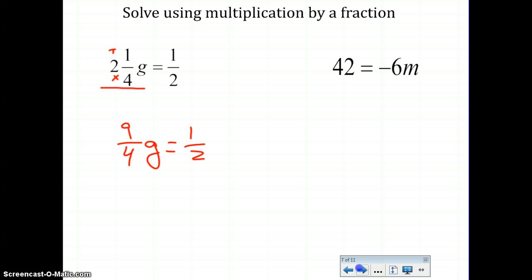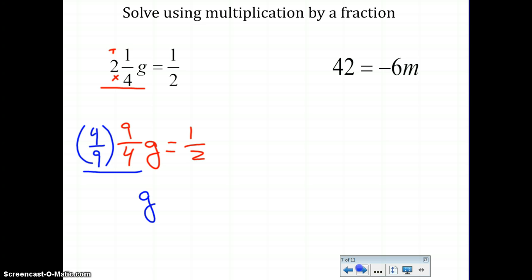In this case, I'll change colors, I would multiply by the reciprocal of 9/4. You might recall any number times its reciprocal is always 1. So that will simplify this to 1g, or we often just write g.